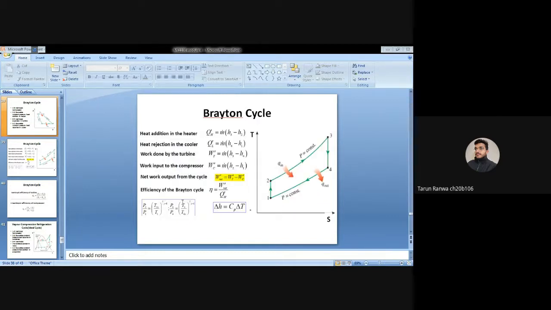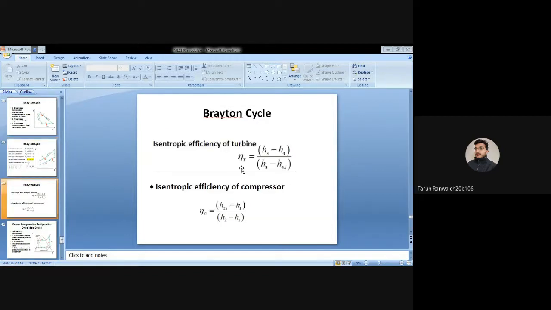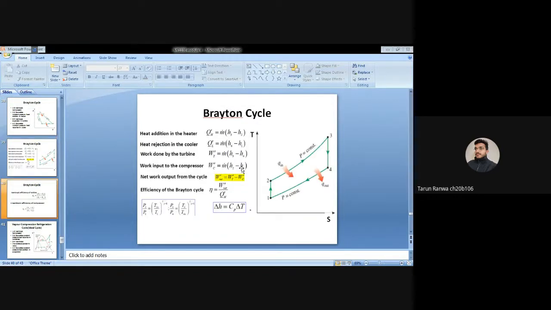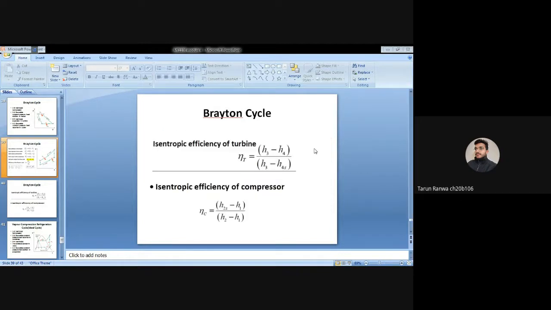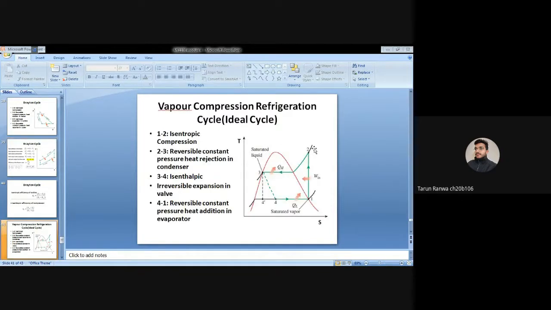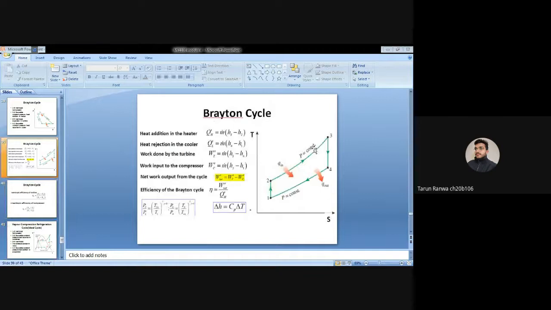Now this is the TS diagram of the Brayton cycle. We can compute heat addition in the heater equals m dot into H3 minus H2, and we can compute heat rejection equals H4 minus H1, and work done by the turbine equals m dot into H3 minus H4.